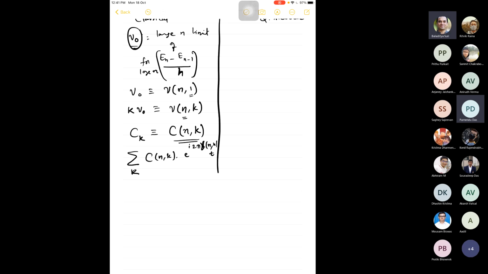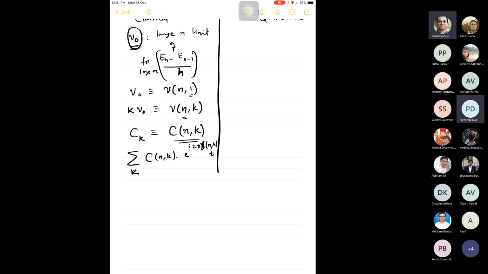Sir, but in Bohr's atomic model, you also equate it to the frequency of its orbital motion. Exactly, Purnendu. You are right that this nu naught is the frequency of the orbital motion classically.